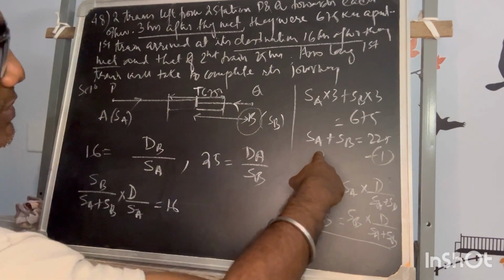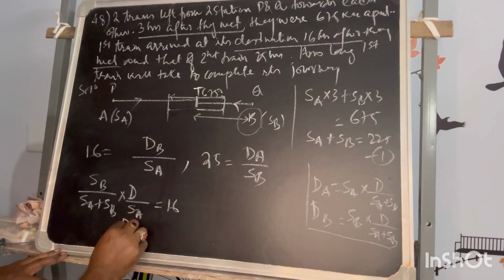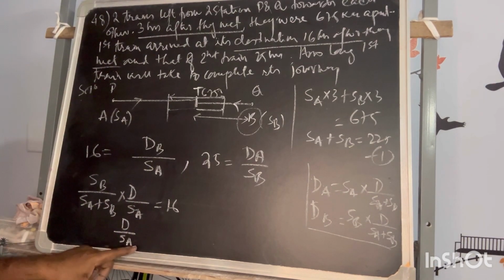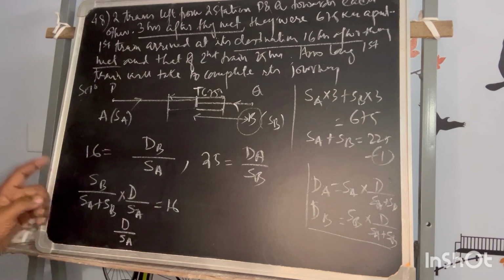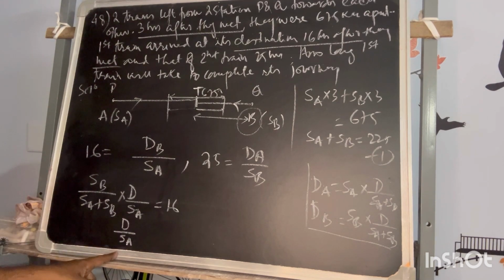Now SA plus SB is 225, no? So I will keep D by SA. Why am I keeping it?